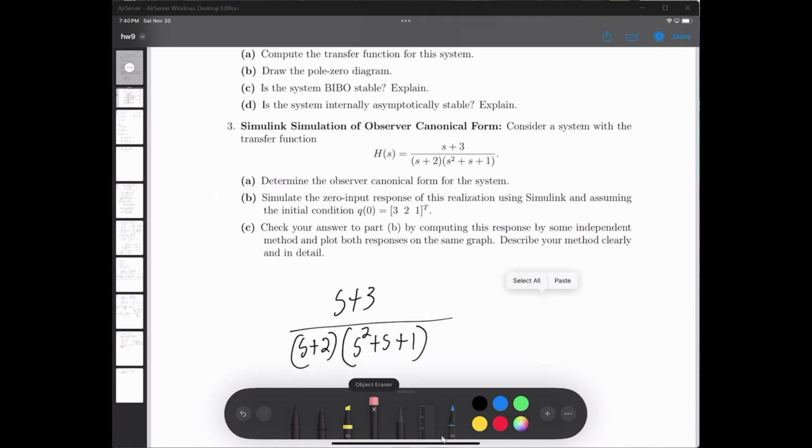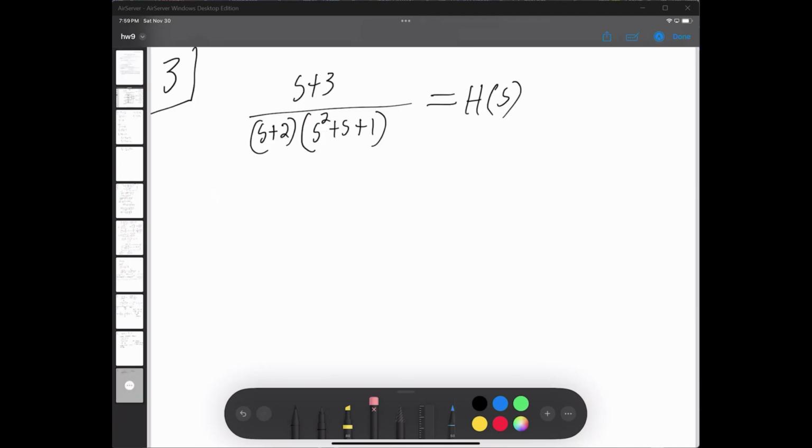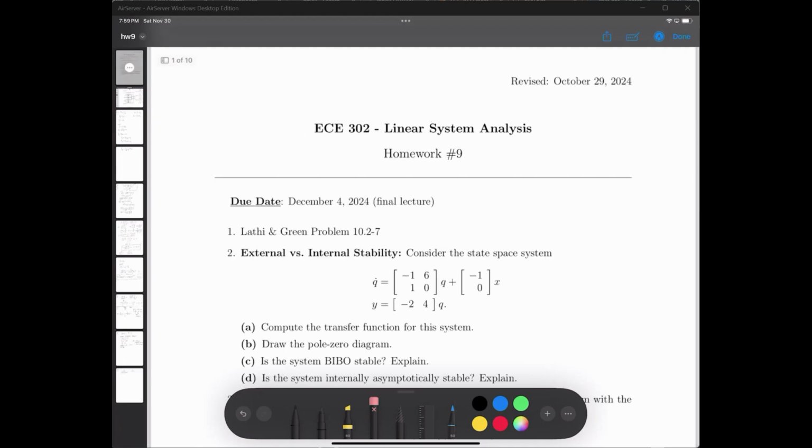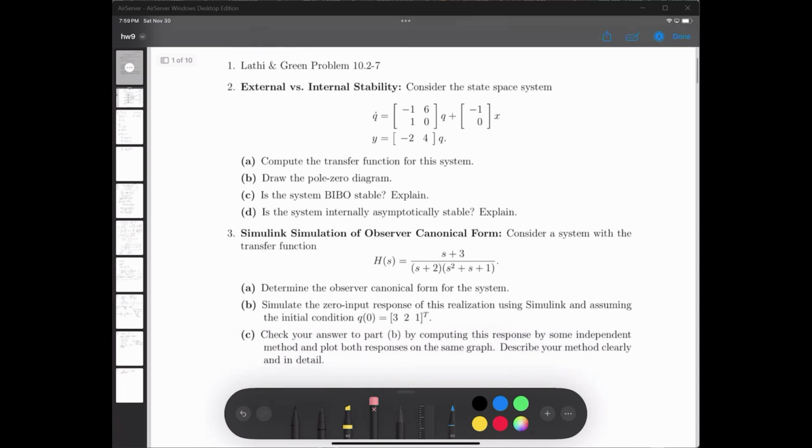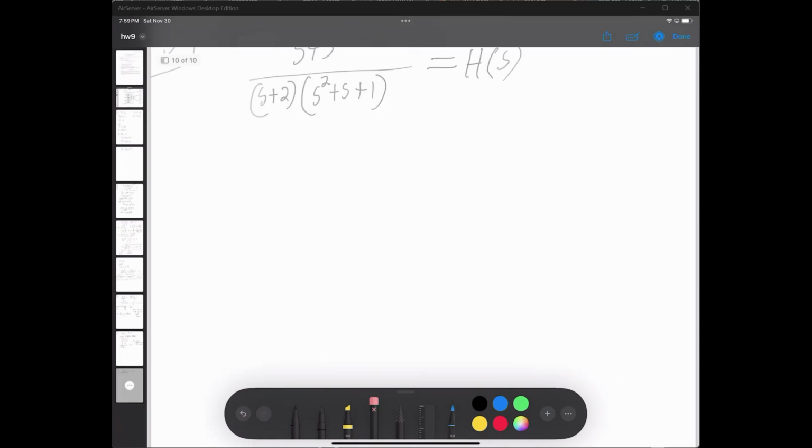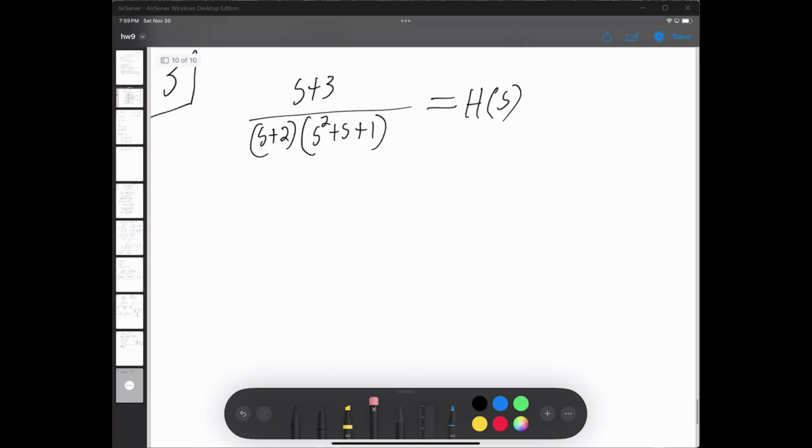What does that mean? Well, let's see. Now, to observe this, we need to go back to the state space form, which we need to make it a matrix. And how we do that is we need to expand the bottom first.